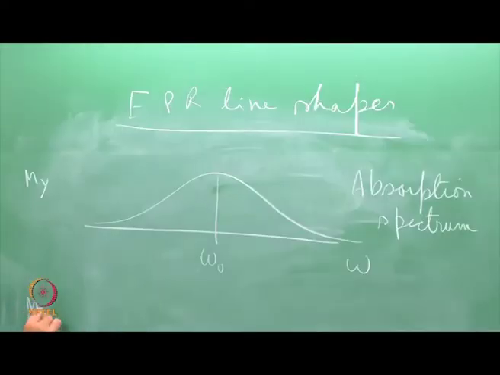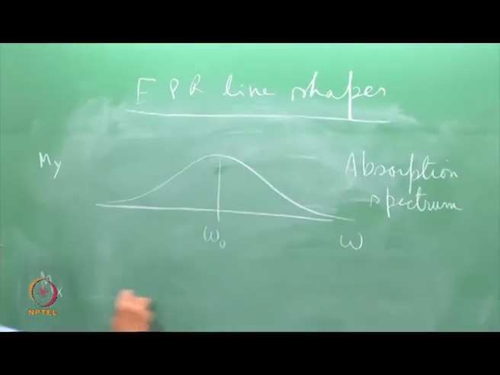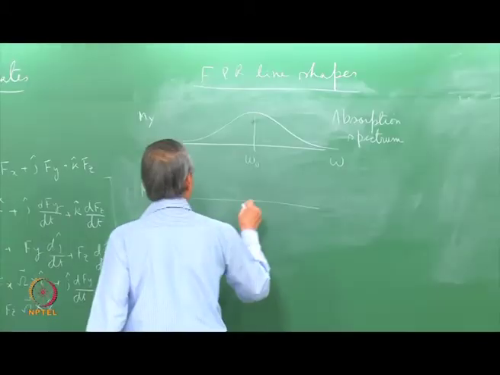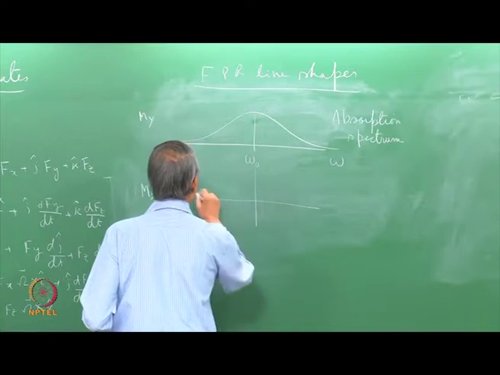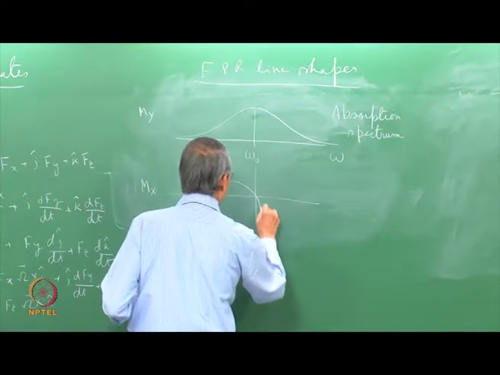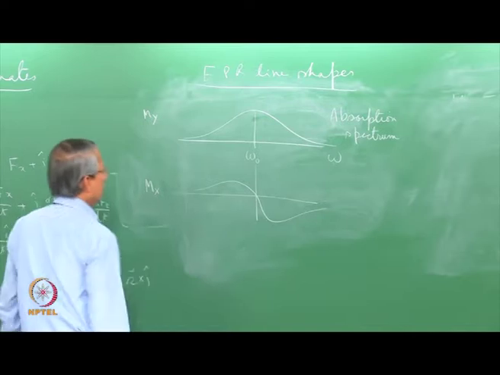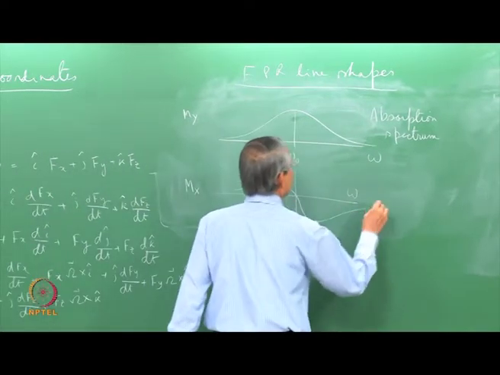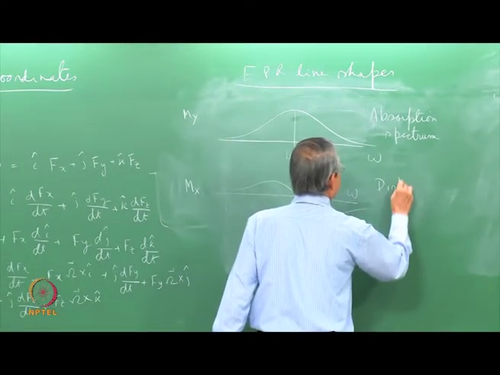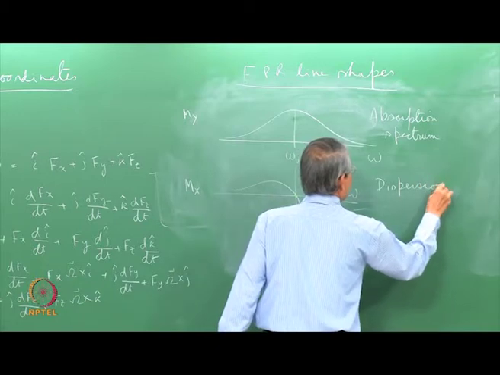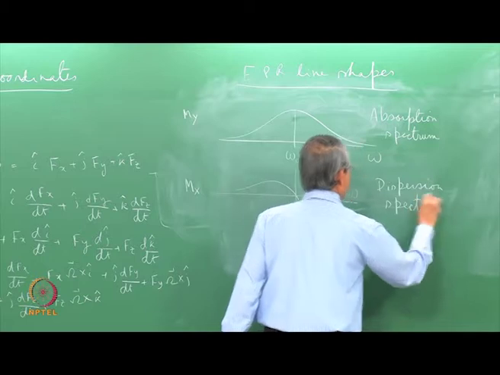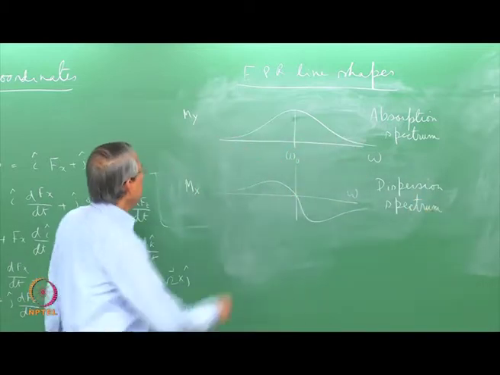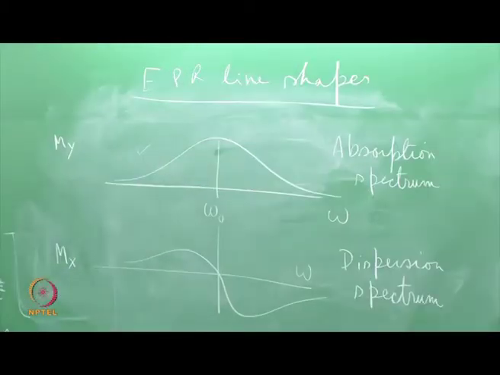Similarly, if we plot the Mx component, this will look like this. This is called the dispersion spectrum. Usually, the absorption is detected in the EPR spectrometer.